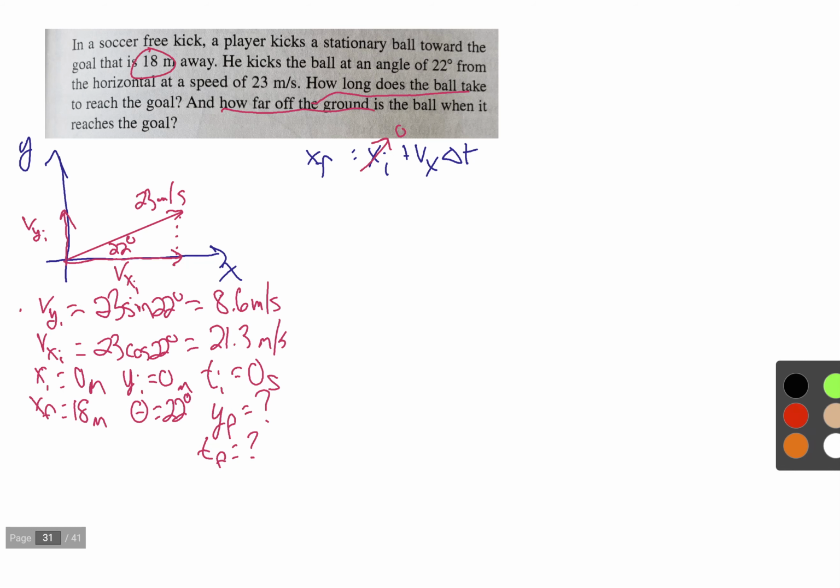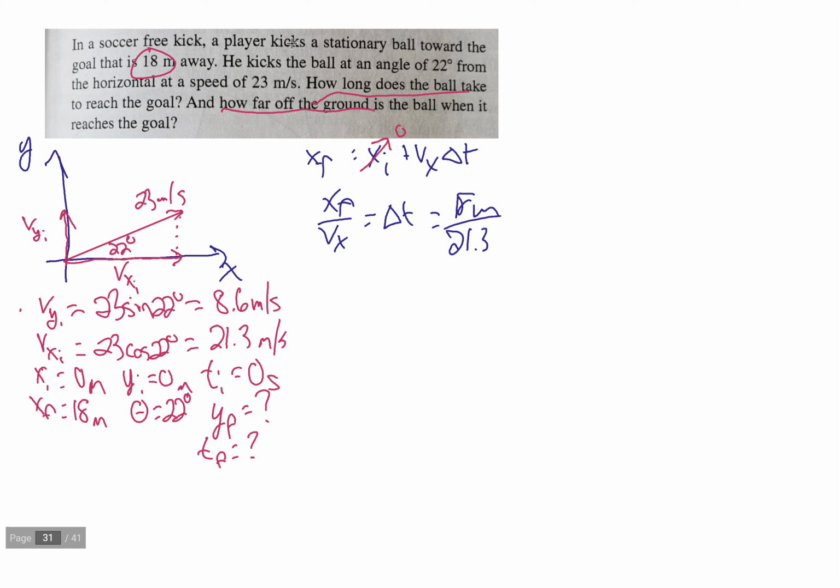So I have x sub f over v sub x, the velocity in the x direction, which is unchanging, equals delta t. I can substitute that stuff in. x sub f is 18 meters divided by v sub x, which is the 21.3 meters per second. Meters divided by meters is gone. 1 over seconds becomes seconds. So I have time is seconds, which is great.